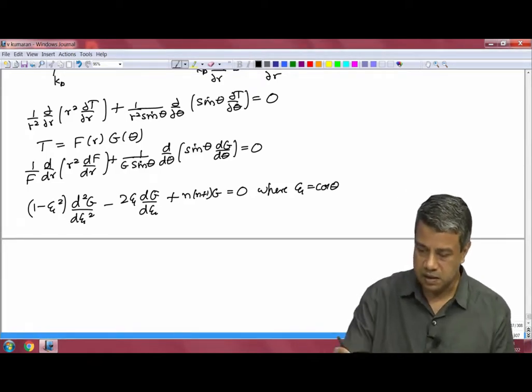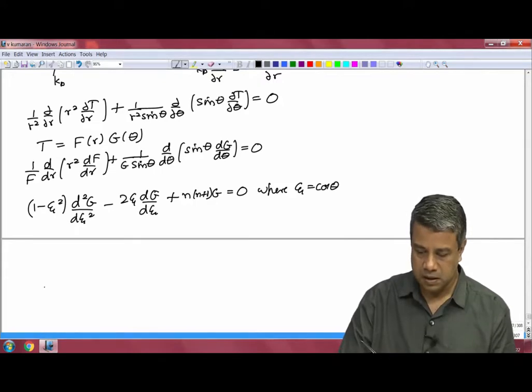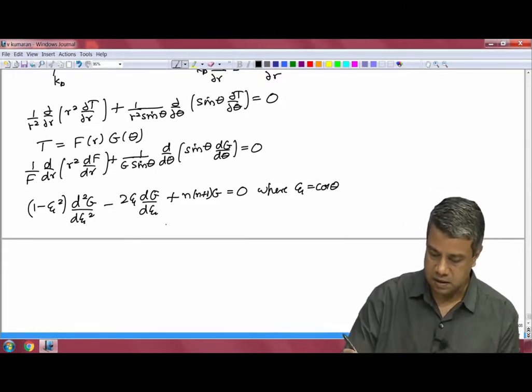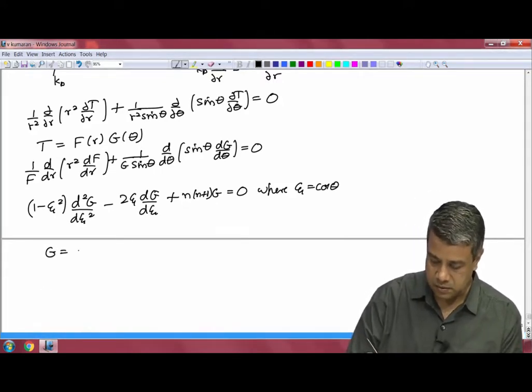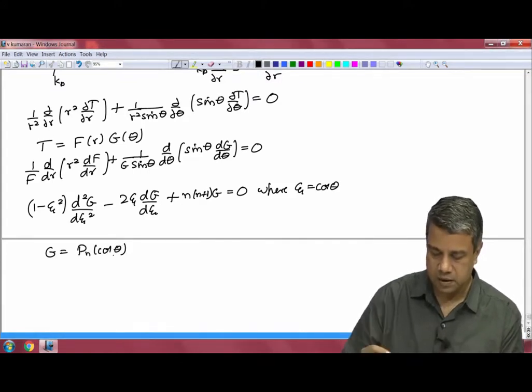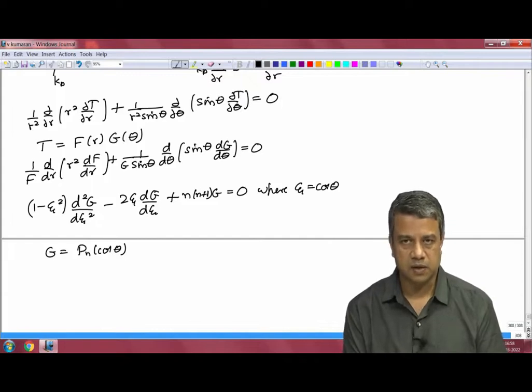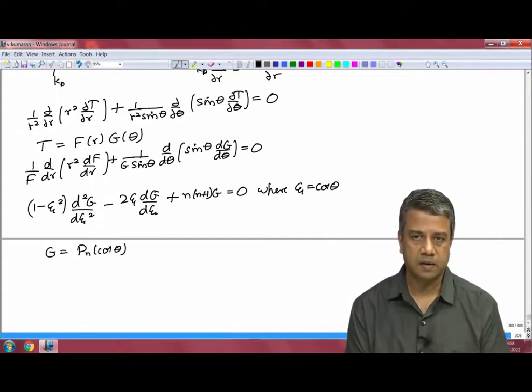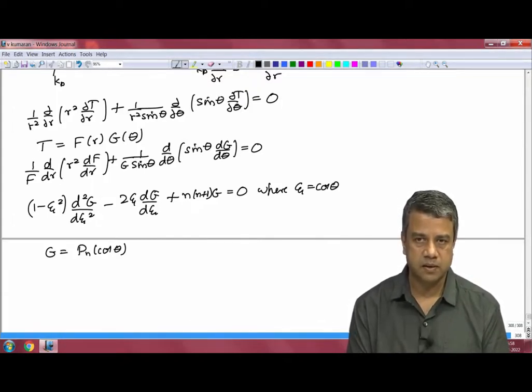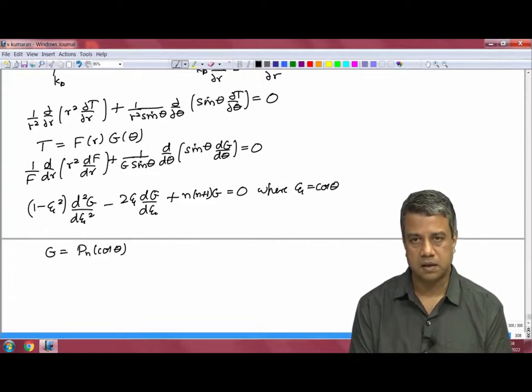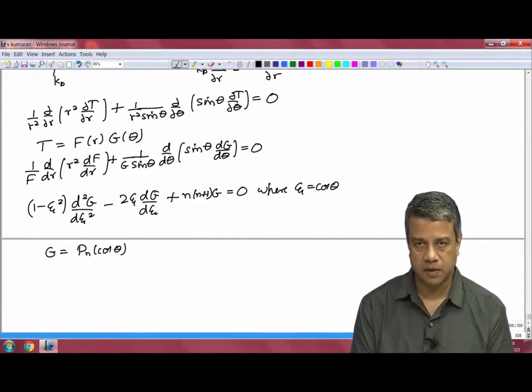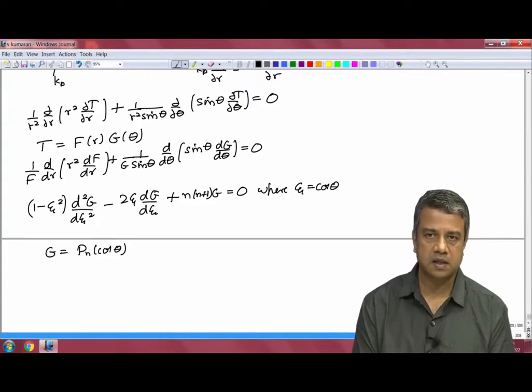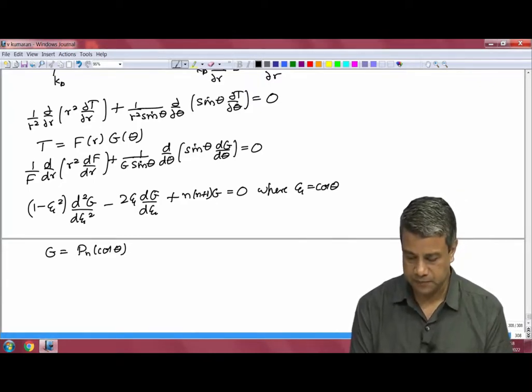And the solutions for this are G is equal to Pn of cos theta, where Pn is a polynomial which has maximum power n. It's a polynomial series which is truncated at order n.